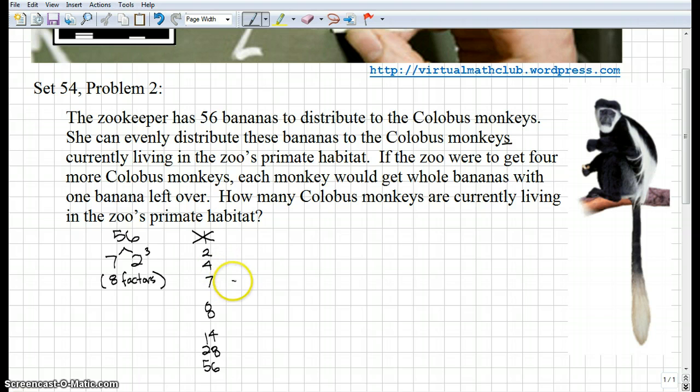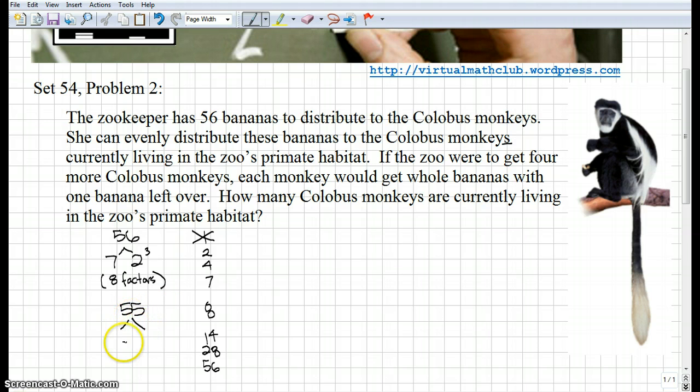All right, let's go on to the second half of the problem, which says that if we had 4 more monkeys, we would be able to distribute the bananas evenly with 1 left over. So if we had 55 bananas instead of 56, we could distribute them evenly. So the number of monkeys plus 4 has to be a factor of 55.